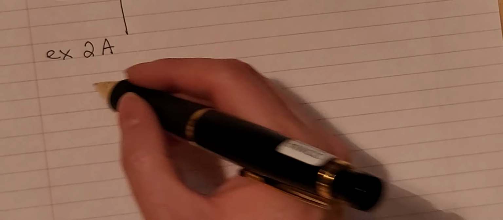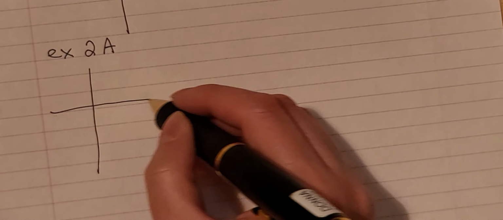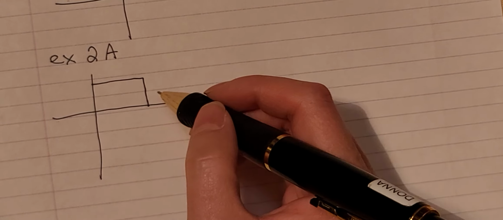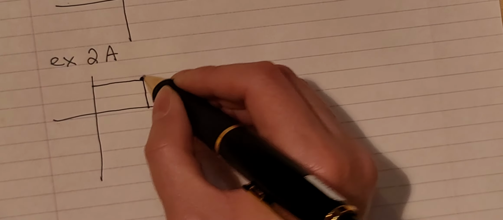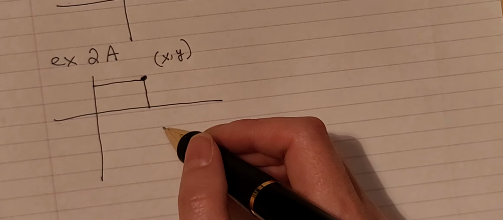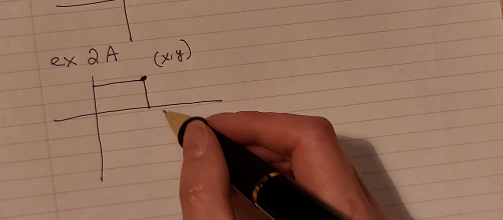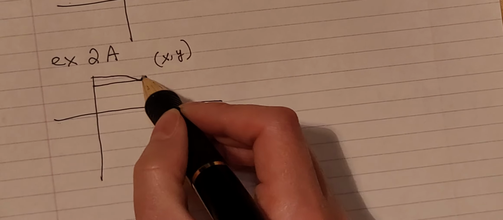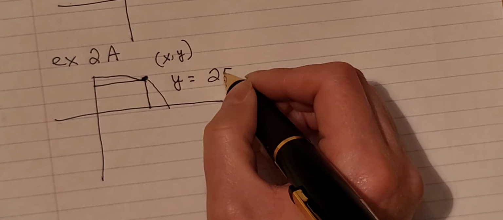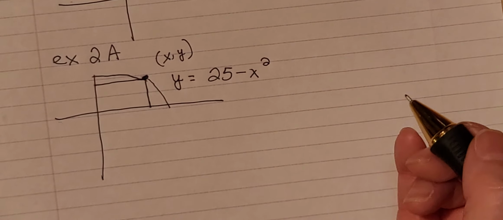We're only going to do question A. It says a rectangle has one corner in quadrant 1. So we're looking at a rectangle in quadrant 1. This would be an (x, y) on the corner, and it's also on this graph that's cutting through right here, which is y equals 25 minus x squared.